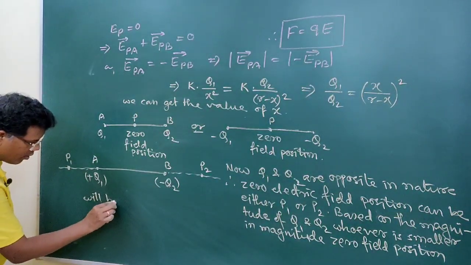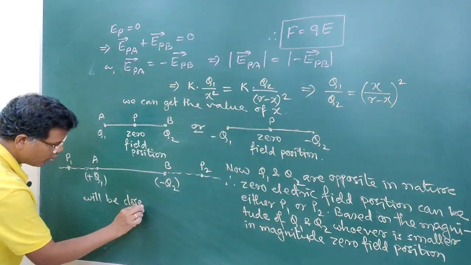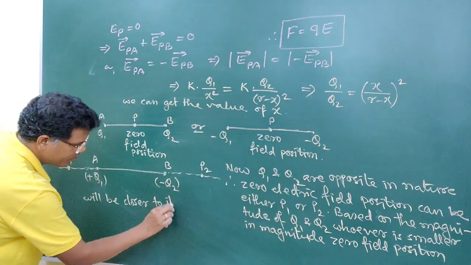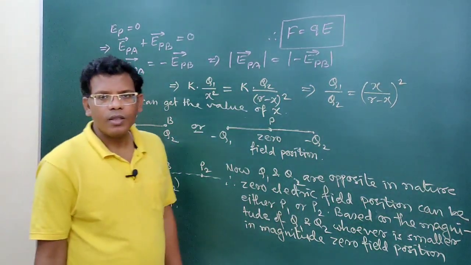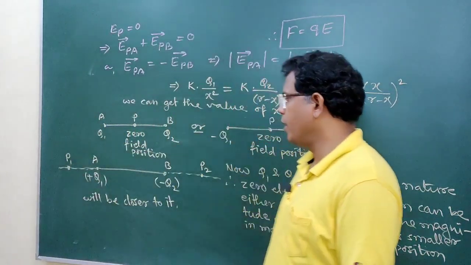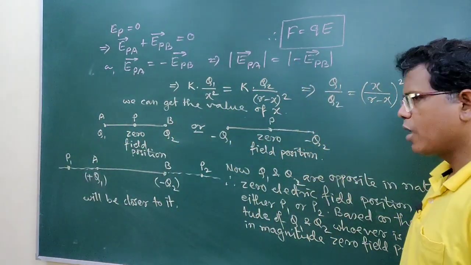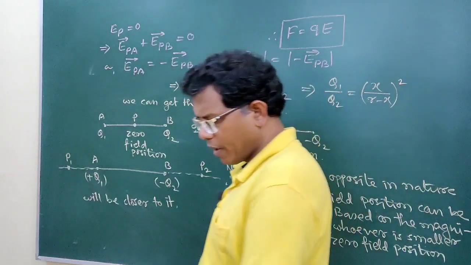Got my point? The zero field position will be closer to the charged particle which is smaller in magnitude.